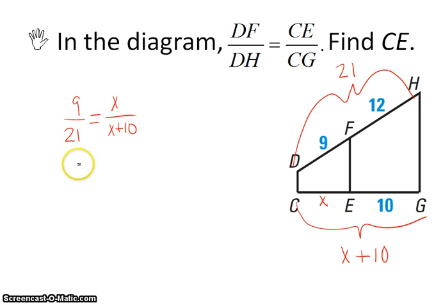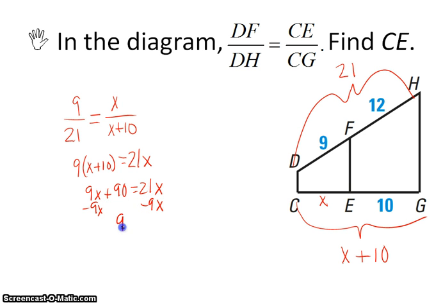So when I solve this using cross multiplication, I have 9 times x plus 10 is equal to 21x. Then I distribute: 9x plus 90 is equal to 21x. And I'm going to subtract 9x from both sides. And I'm going to get 90 is equal to 12x.